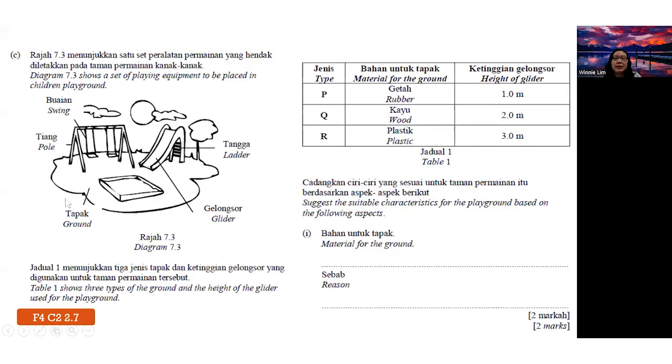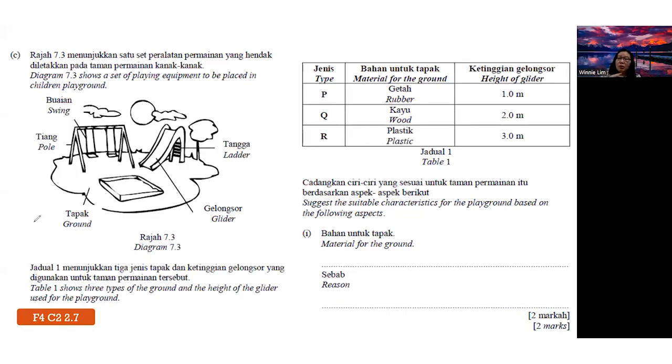So this part is, like I said, the making decision idea, or similar to an essay. It's just that they are simple. They do not have many aspects. They only have 2 aspects: the material for the ground and the height of the glider. Okay, so suggest the suitable characteristic for the playground based on the following aspects. So it's similar to an essay question. Normally, of course, you will just divide by writing the choice at the end.